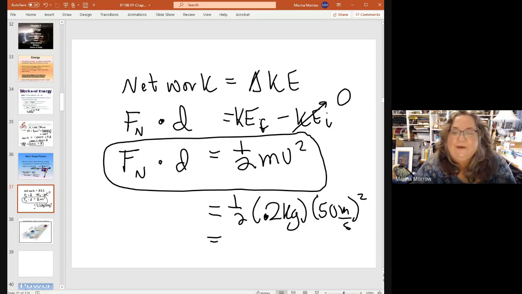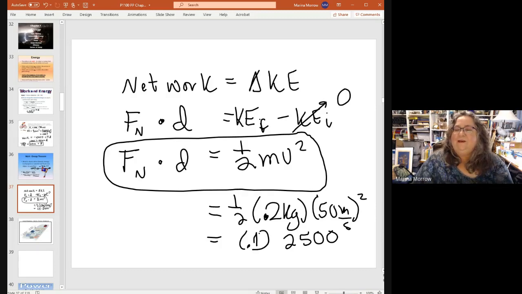That's one reason I like 0.2 for a mass. And we've got 50 squared, and 50 squared is going to be 2,500. Half of 0.2 is 0.1. So altogether, we would just end up with 250.